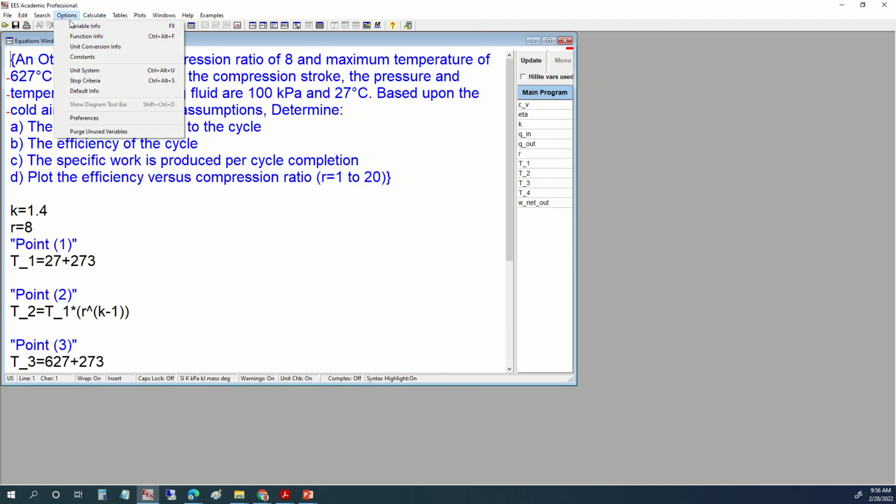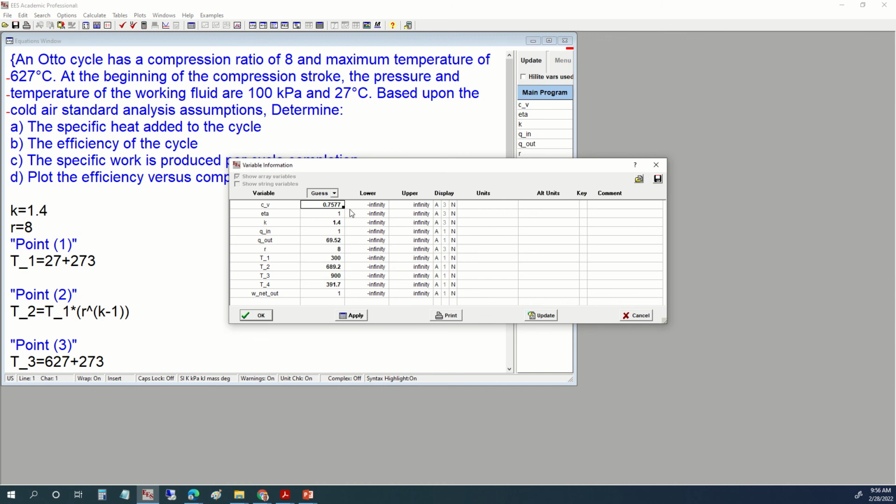Now options, variable information, or you can hit F9. And here you can see all the variables you have, which is the 11 variables. The unit of CV, let's say it's kilojoule per kilogram Kelvin. I will just write kilojoule per kilogram. I know this is not correct, but I'll show you how EES can help me to detect such a mistake.